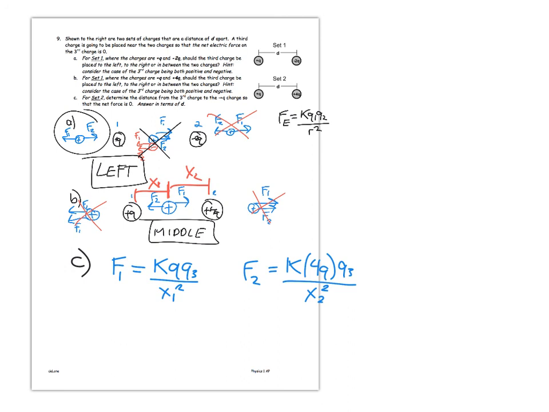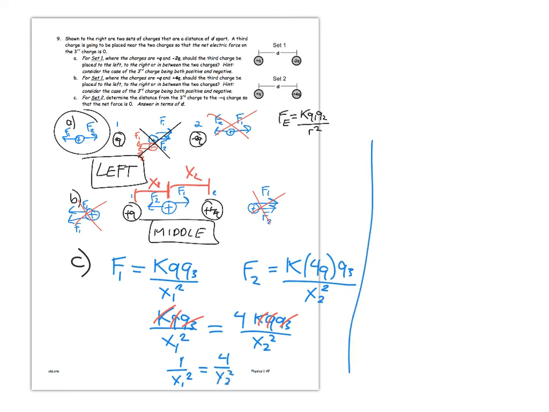So I can say KQ times Q3 over x1 squared equals, and I'll pull the 4 out here, 4KQQ3 over x2 squared. I'm going to go ahead and cancel out the Q's and the K's and the Q3's, and what I'm left with here is 1 over x1 squared is equal to 4 over x2 squared.